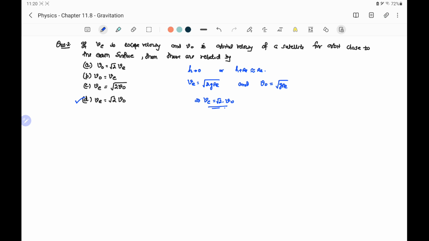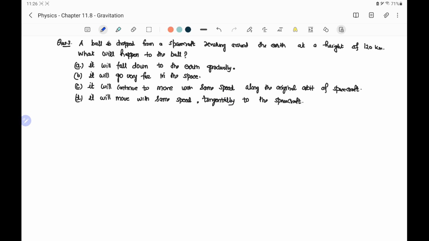Next question is, a ball is dropped from the spacecraft revolving around the Earth at a height of 120 km. What will happen to the ball? Here, ball and the spacecraft is a single system and there is no external torque. So we can say that external torque is 0, and because torque is the rate of change of angular momentum, this is 0, that means angular momentum is constant.